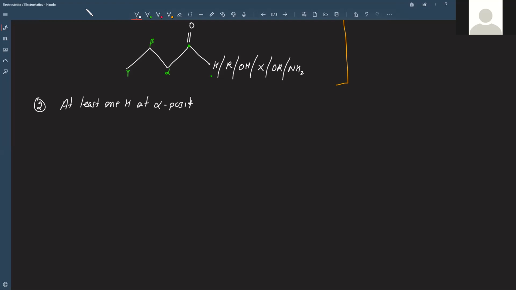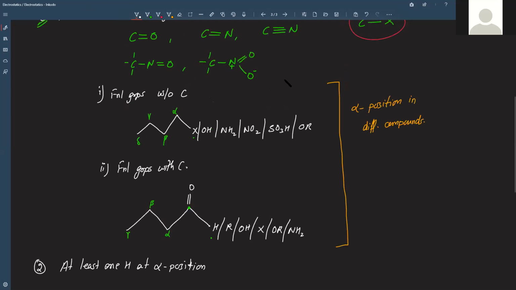Why can't it have functional groups not attached with C? No, we have taken both of them, but you are confused with this. The location of this is applicable for both.